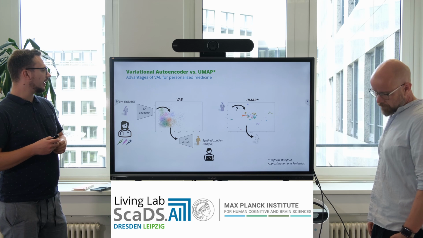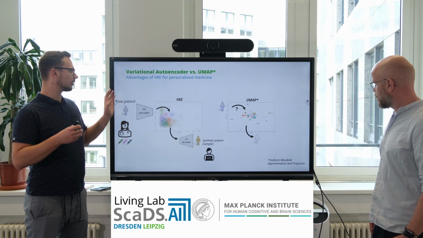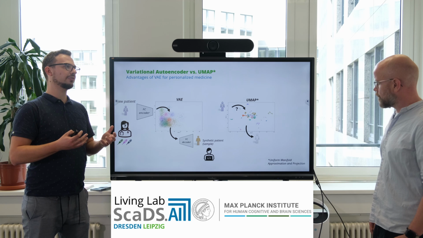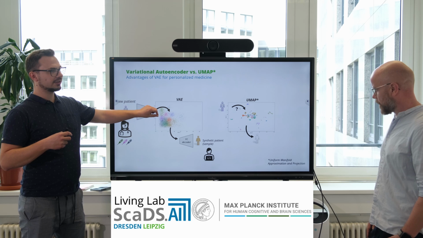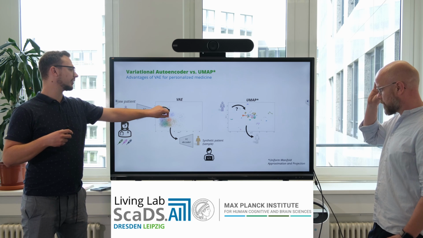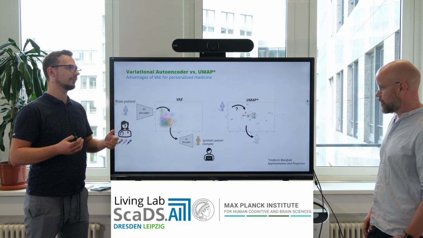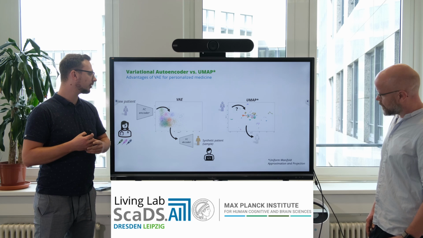The second very important aspect is that, as Nico was showing, with variational autoencoders we have a generative model. This means that we can go to the latent space and pick some points, and we have a synthetic patient. Basically, we can sample from the variational autoencoder which we trained, based on the decoder.